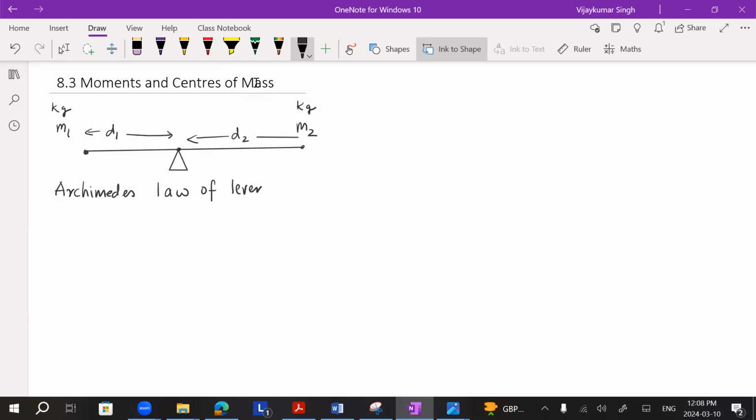The rod will balance when m1 d1 equals m2 d2.